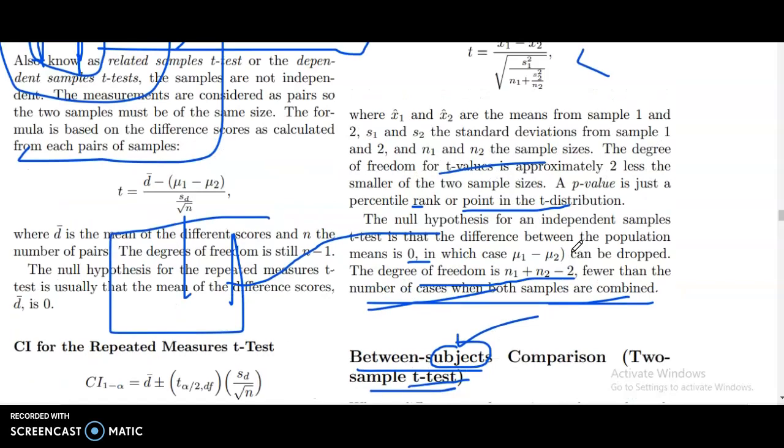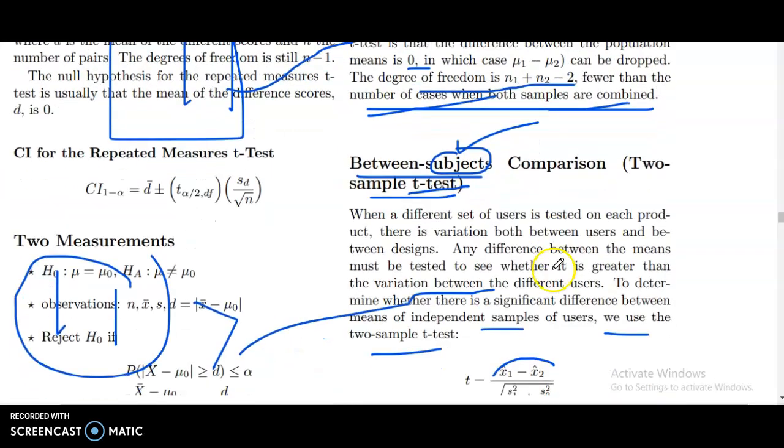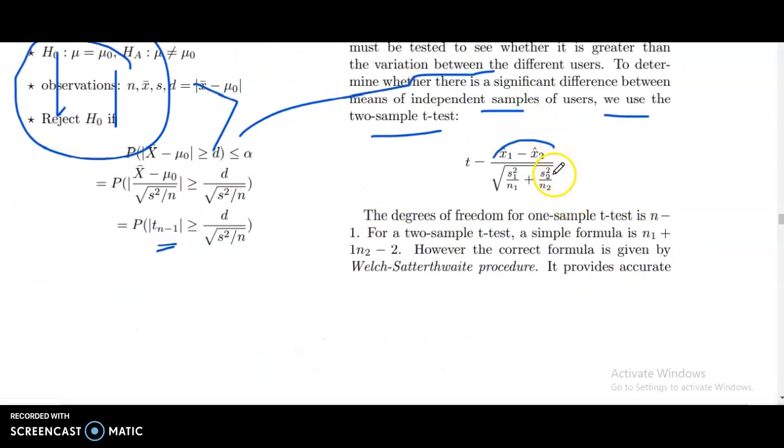S1 and S2 are again the standard deviations, and n1 and n2 the sample sizes. Each standard deviation is divided by its sample size for sample 1 and sample 2, but the standard deviation is squared to get a very small value, which is why it is maximized.